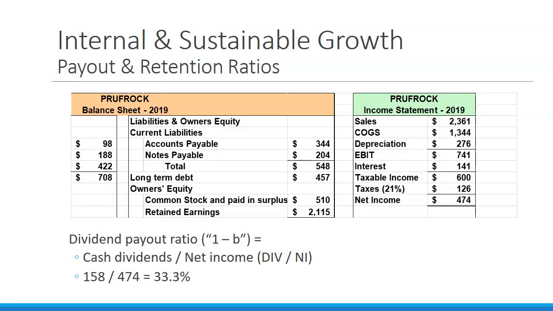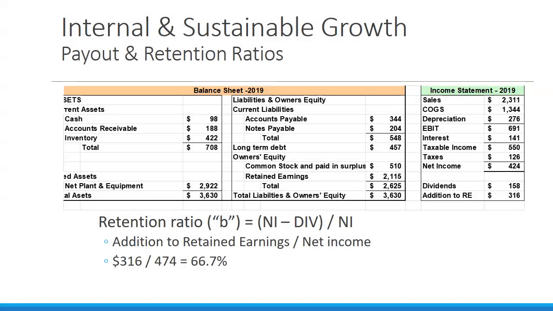So first is the dividend payout ratio. This is cash dividends divided by net income. So we have a cash dividend payout of 33.3%. That gives us a retention ratio, which is the inverse of our payout ratio, of 66.7%.